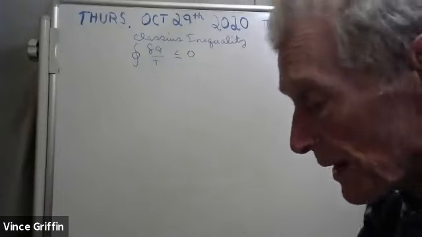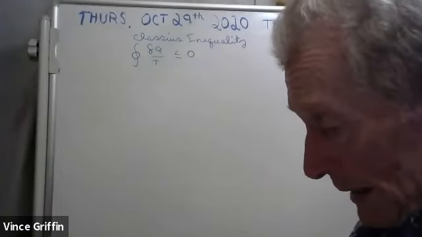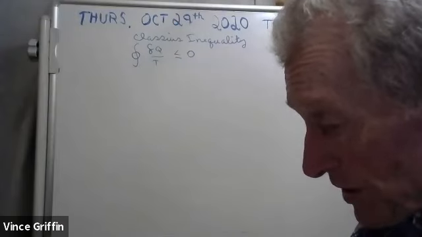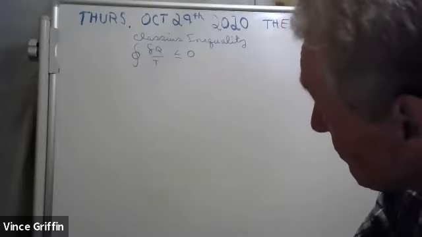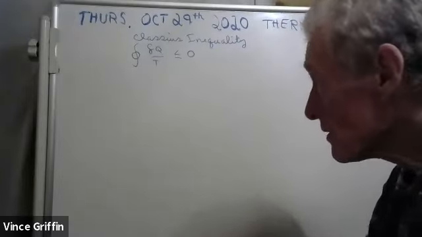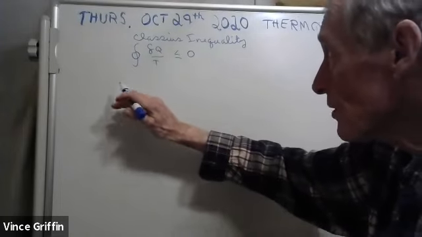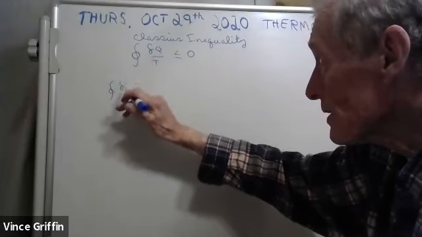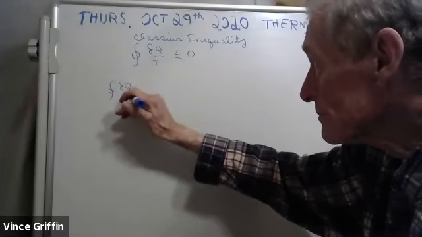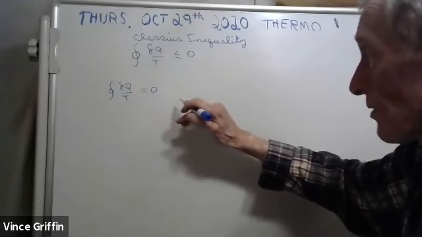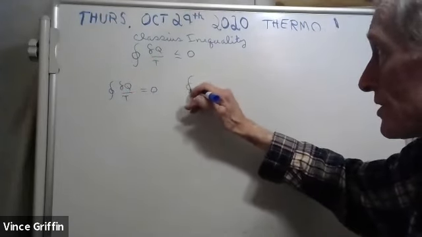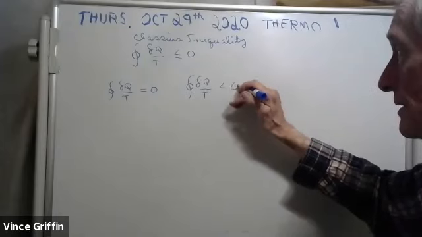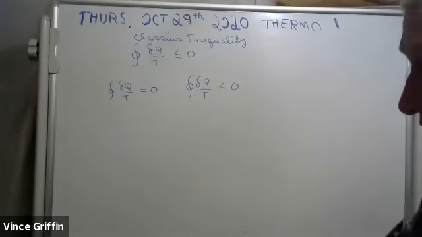And it was just developed by experimental means when Clausius studied steam engines, dozens of them, I don't know, maybe hundreds of them. But see, you can break this into two parts. For a cycle, that little circle means cycle, it's either going to equal 0 or it's going to be less than 0.